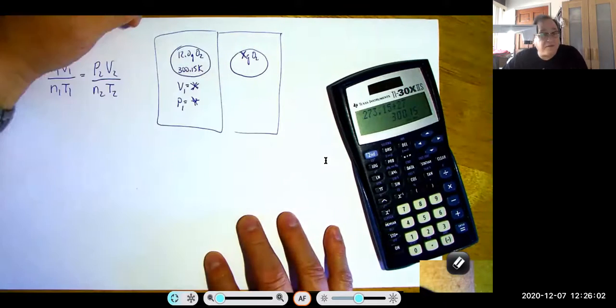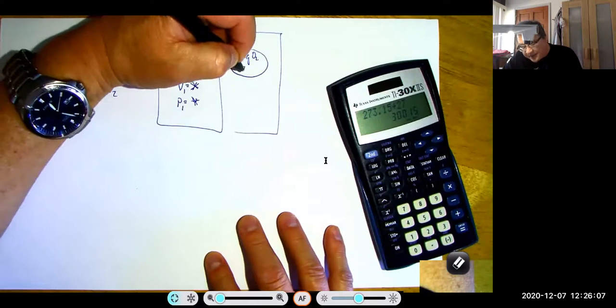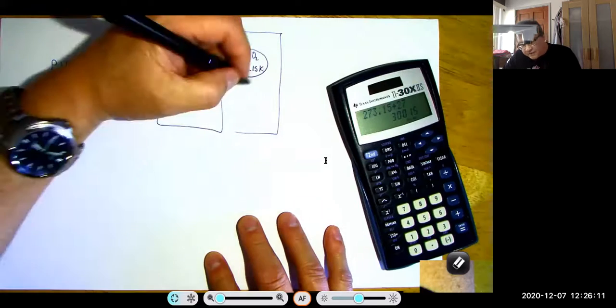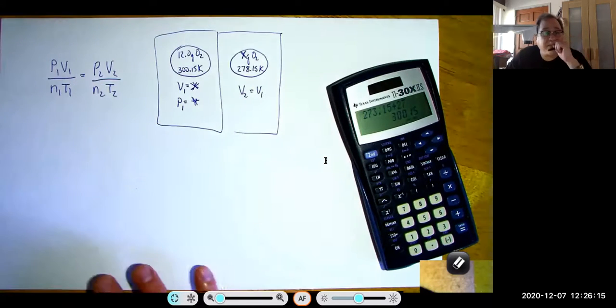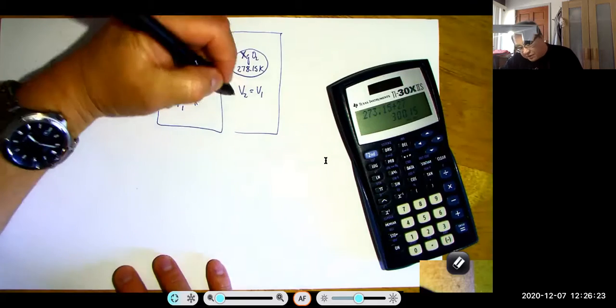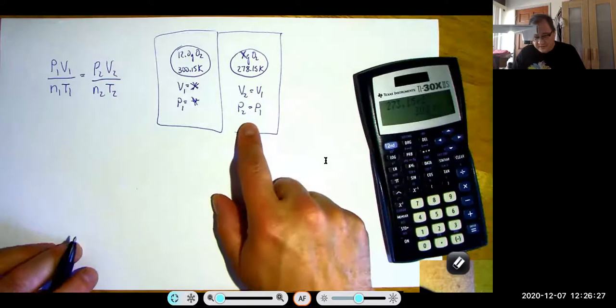And we have 5 degrees Celsius, so that's going to be 278.15 Kelvin. Now, V2 is equal to V1, and I know that because it says inflate it to the same size. And it also says and pressure. So P2 is equal to P1.